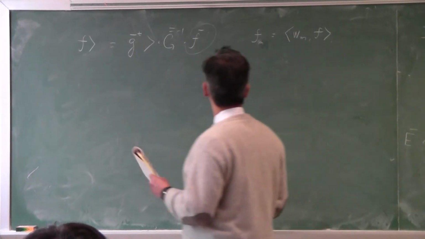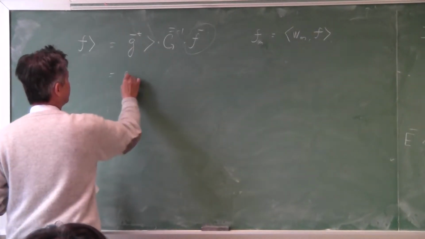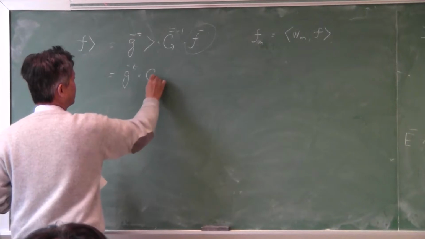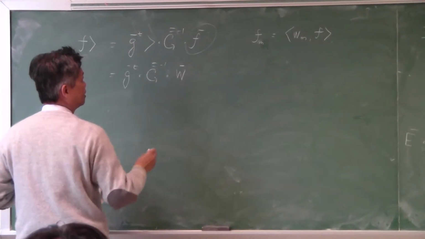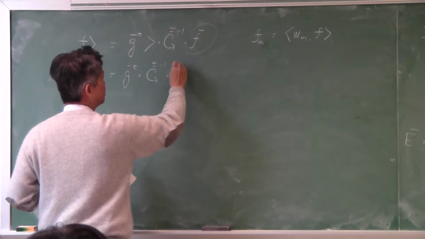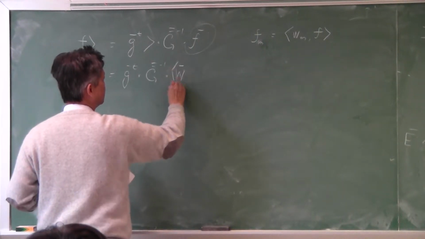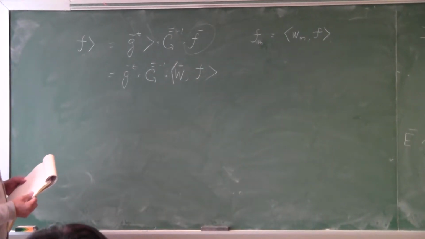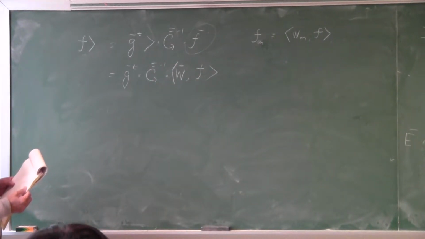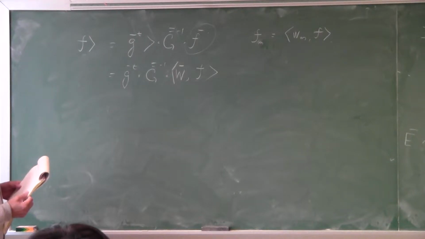Okay, so I can think of this as being equal to G transpose dot G inverse dot another column vector W with that over there. Okay, with that over there.